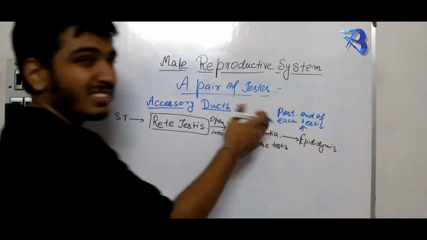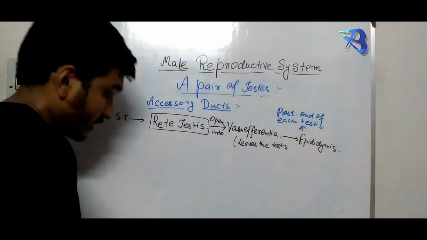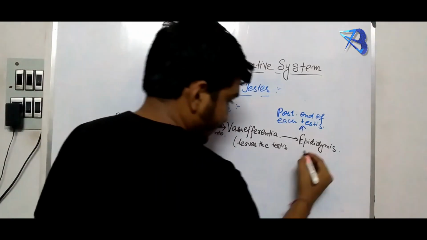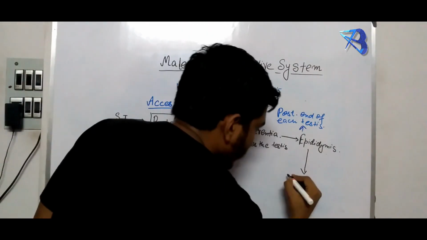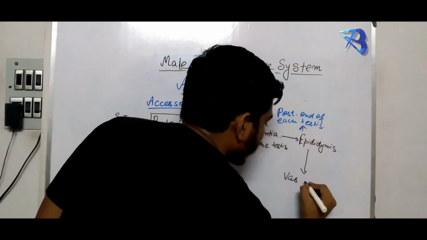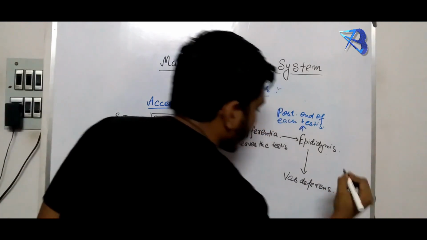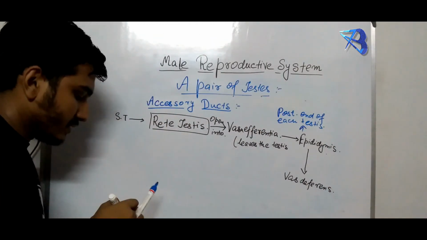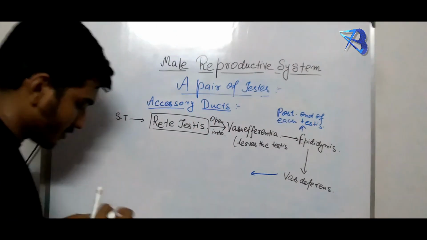What is the meaning of this posterior end? At the back side of each testis. Okay. Now this epididymis then opens into the vas deferens.